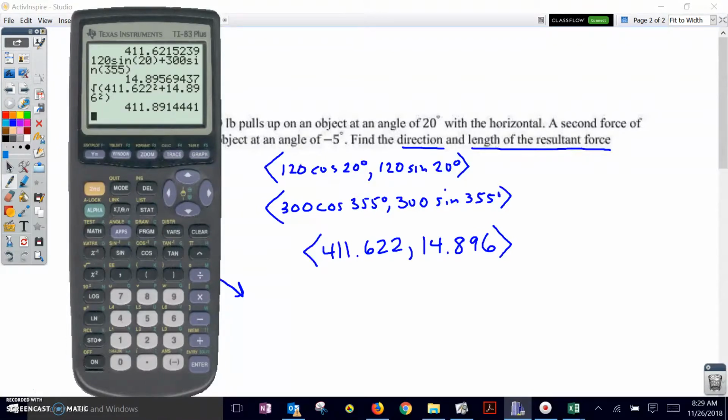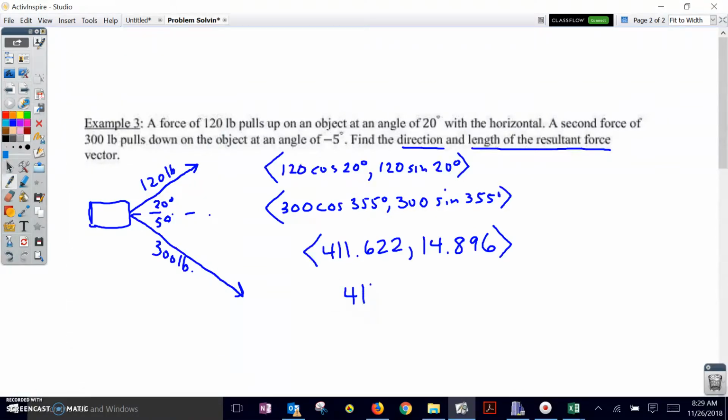And we get 411.891 as the length, which is the amount of force that's being applied to this object.